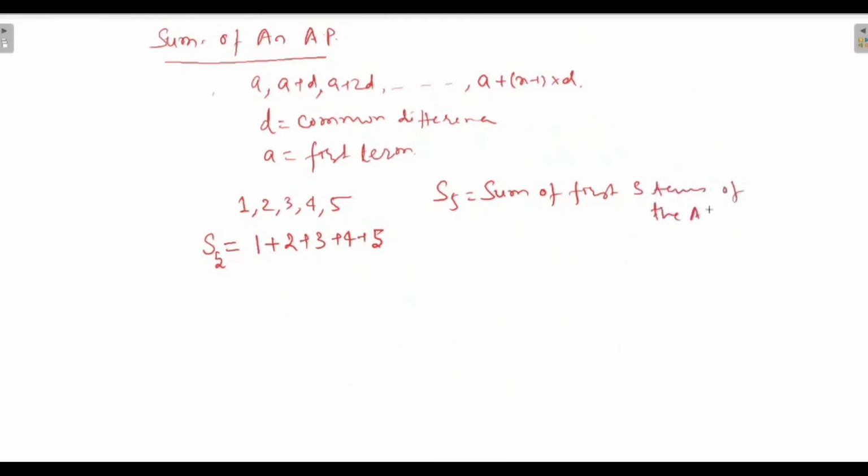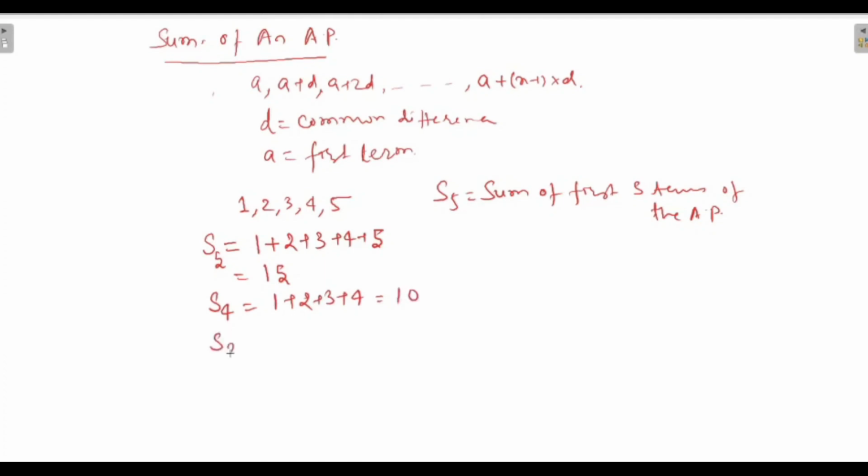I get 2 plus 1 is 3, 3 plus 3 is 6, 6 plus 4 is 10, plus 5 is 15. Similarly, if I'm interested in the summation of the first 4 terms, I will write 1 plus 2 plus 3 plus 4, and the summation here will be 10.